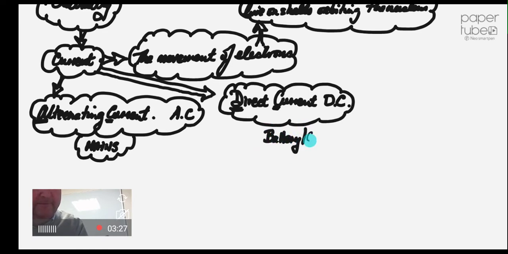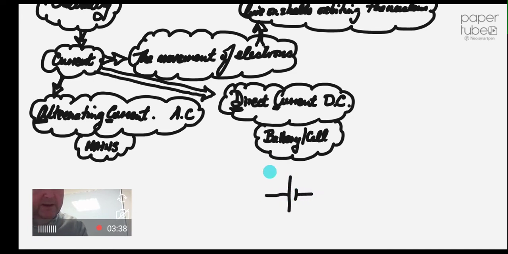So we'll now have a look at a battery or a cell. So there's the symbol for a cell, and the long side: if you take a plus sign and break it, you get that bit and that bit, and you join them, you get the long bit.